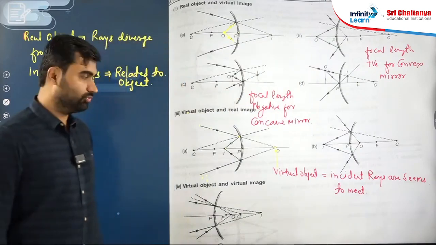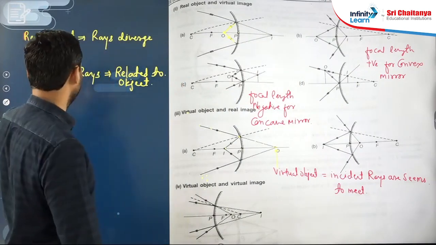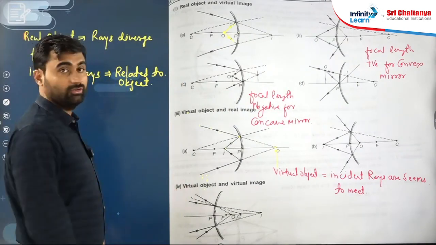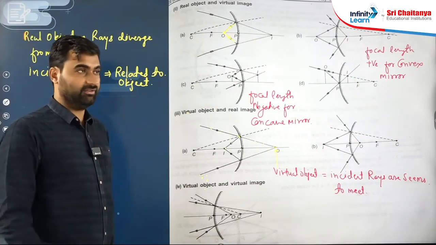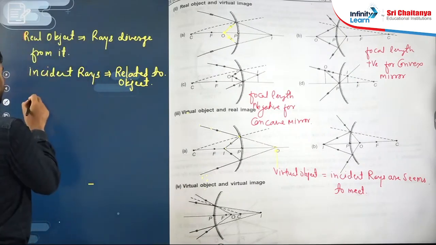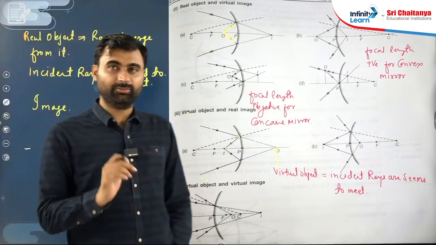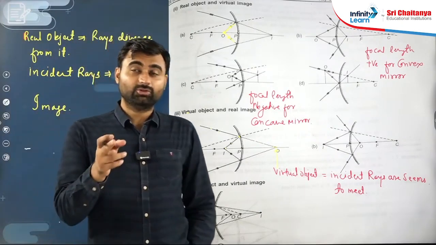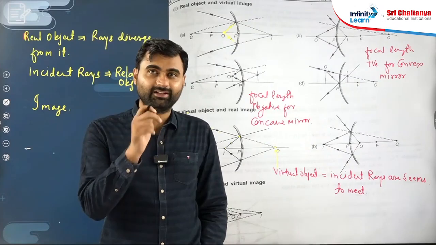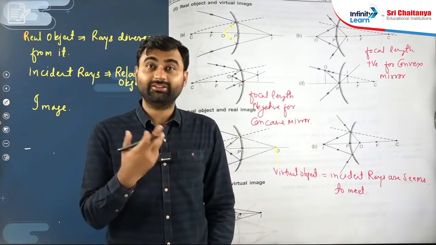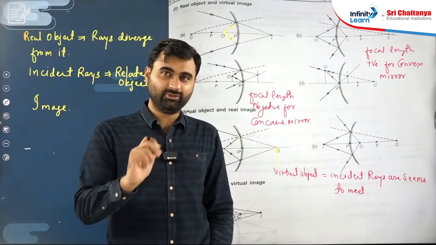Okay, understood? So we understood both real object and virtual object. Now understand image. First point, how will an image form? Image is formed by reflected rays. In a mirror, what do we see? Our image. Agree or not?